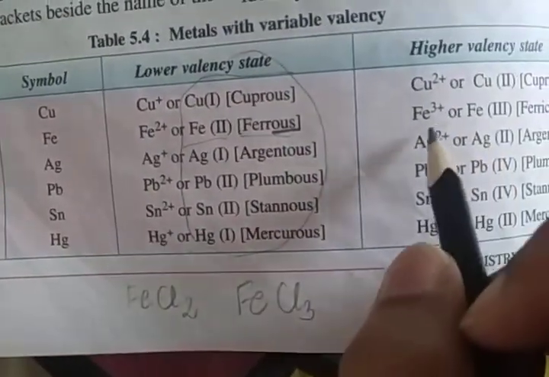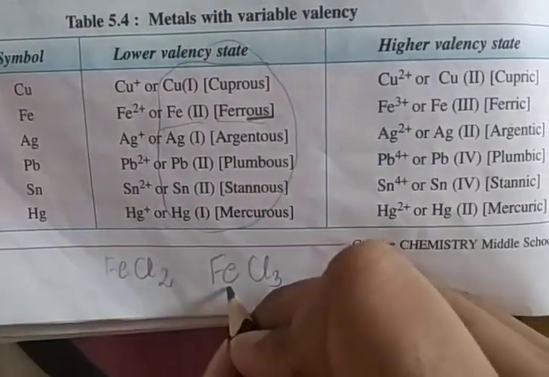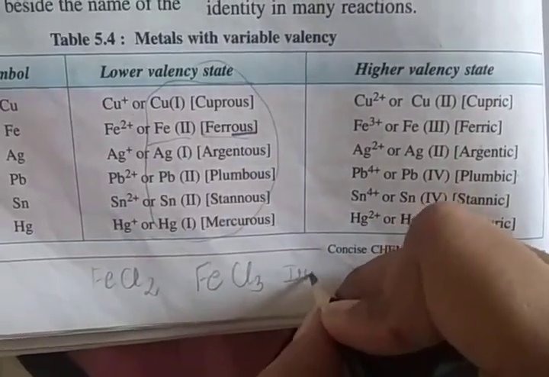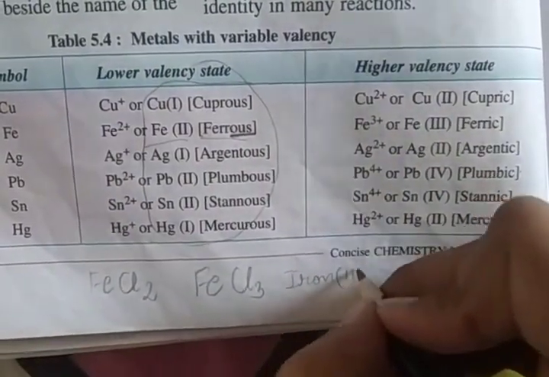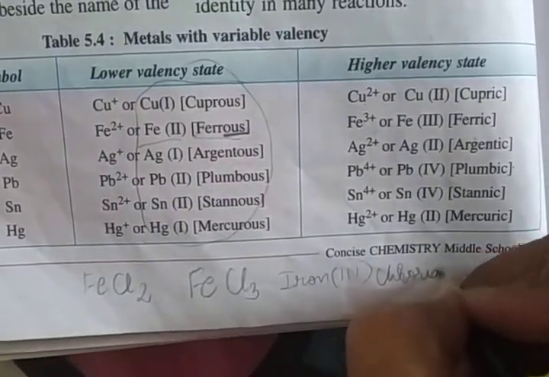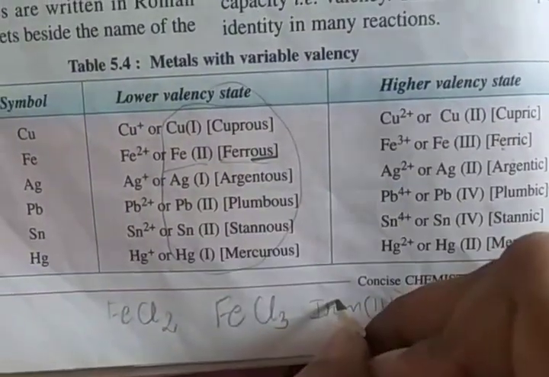Okay, so how will we name this +3? Iron, we will name it as iron 3 in brackets chloride, or we can call it ferric chloride. So these are the two ways of naming.